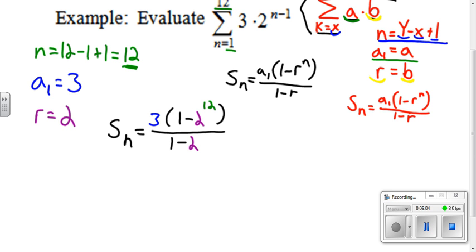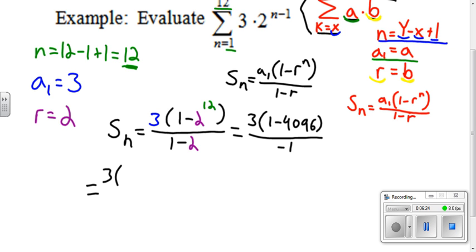All we have to do is solve for the individual pieces. So we'd have 3 times the amount 1 minus 2 to the 12th, which is actually 4,096, all over 1 minus 2, which is negative 1. Then we'd have 3 times the amount 1 minus that, which gives us negative 4,095, again still all over negative 1.